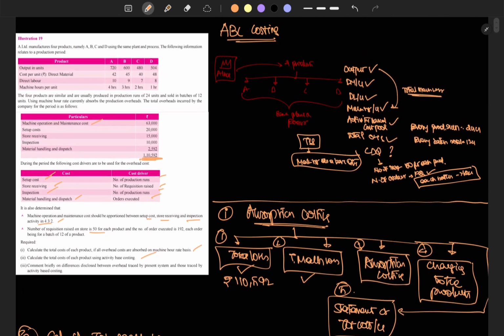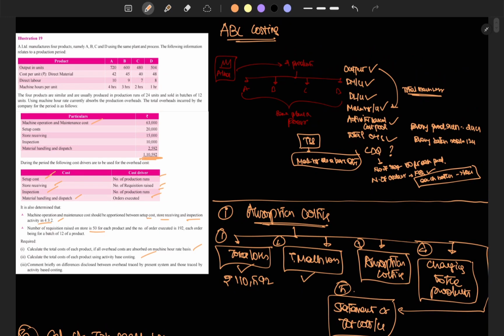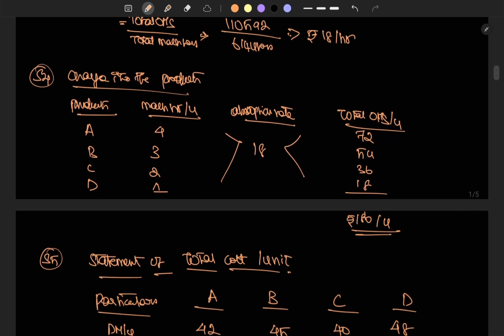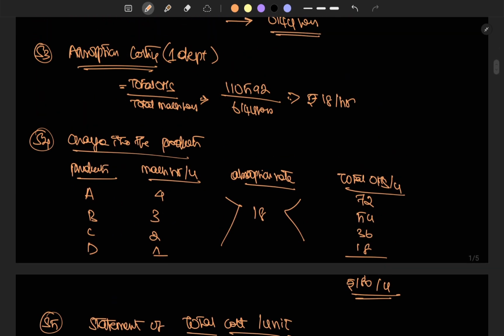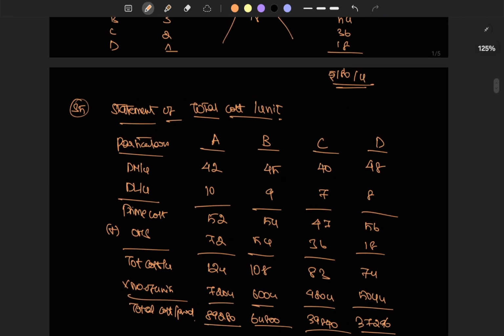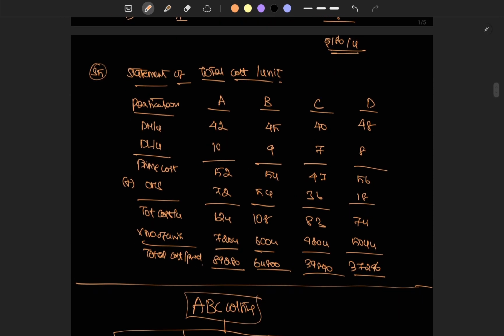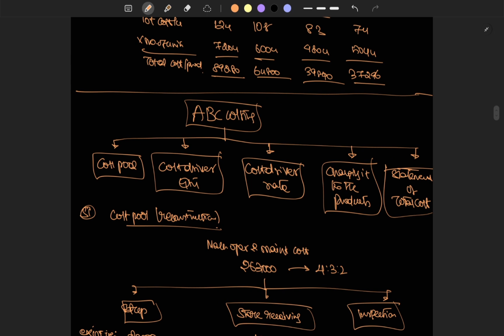So the entire problem is treated as one department, and using that we found the absorption rate, charged it to the products, and calculated the statement of total cost per unit under the absorption costing method.